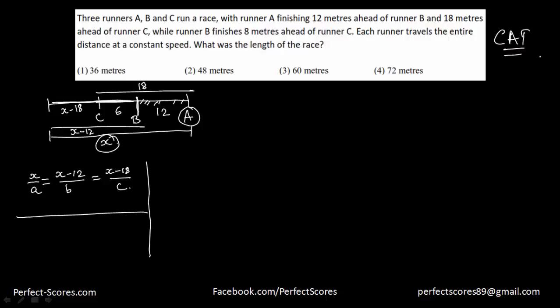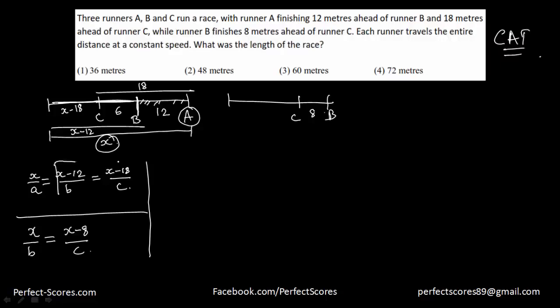And again the question says that runner B finishes 8 meters ahead of runner C. So if B covers x meters in x by B seconds, let's suppose B is right here, then C is going to be 8 meters behind. So this is going to be x minus 8 divided by C, because the time is the same. The time at which B finishes the race, C is 8 meters behind.